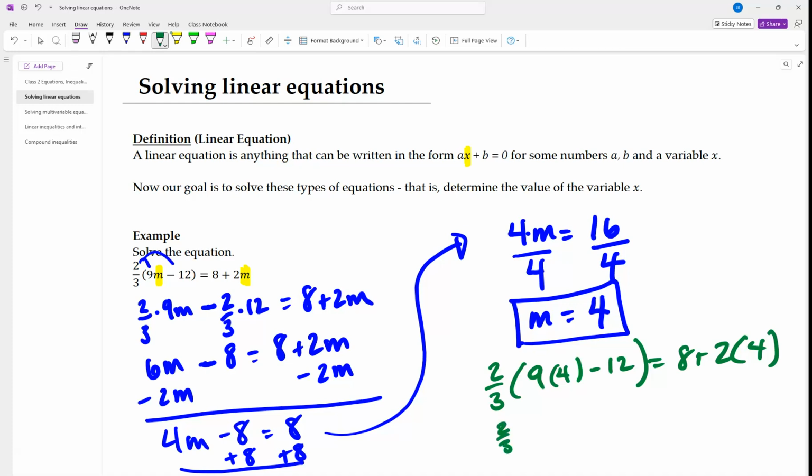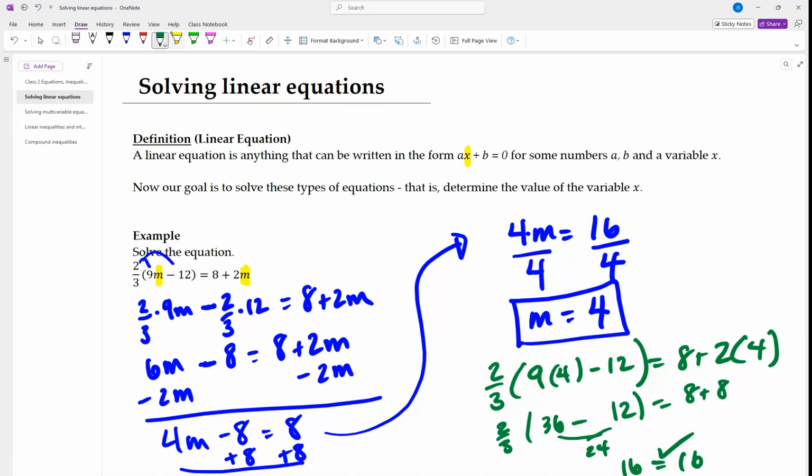I'd have 2/3, and then this would be 36 minus 24, minus 12, I was already jumping to the answer, is equal to 8 plus 8. So this whole thing is 24, and 2/3 of that would be 16. So I'd end up with 16 is equal to 16, which does indeed check. So if it is a solution, you should get the same thing on both sides.